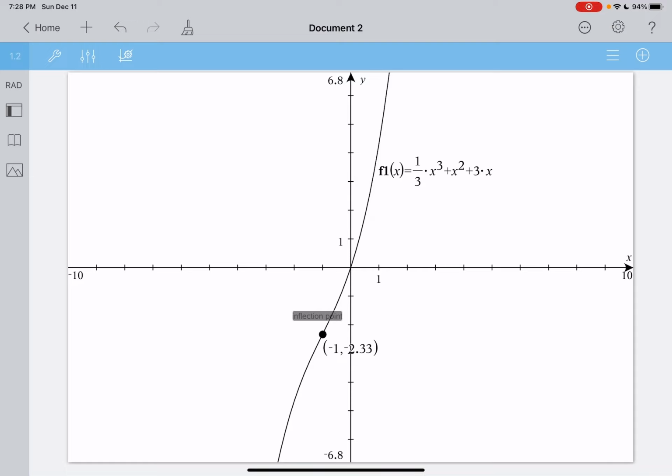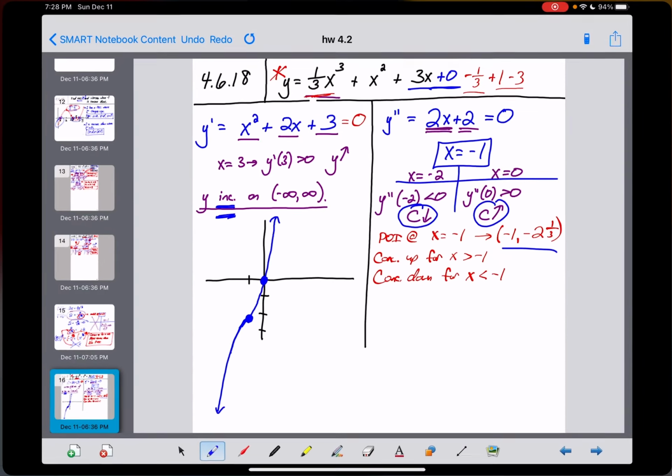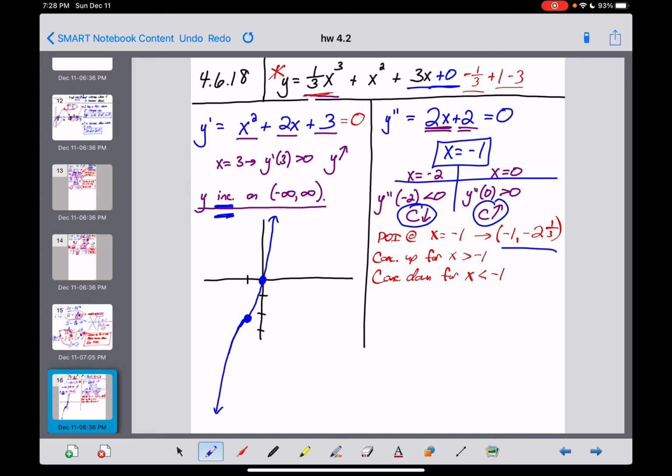And sure enough, there's our inflection point at -1, and then that would be -2 1/3, which I believe is exactly, wait for it, there it is, -1, -2 1/3. And everything else we saw on that graph supports what we came up with right here. Okay, guys, that is everything they asked us to do on problem number 18, so that one is all set now.